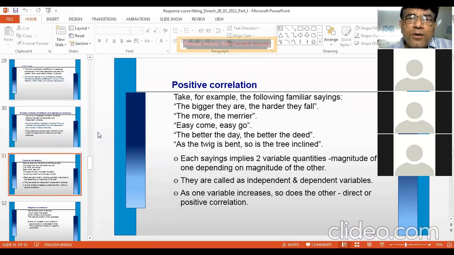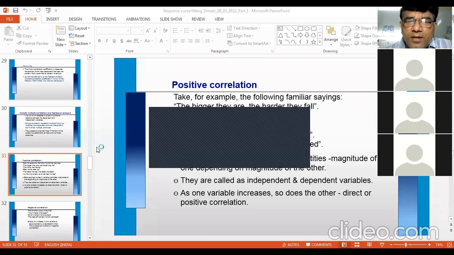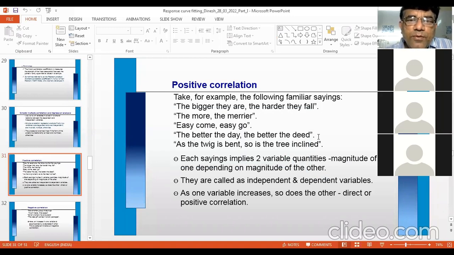Are they associated or not? For this, we can check it statistically by working out the correlation coefficient. Correlation coefficient tells us the strength of relationship, what level of association is there.